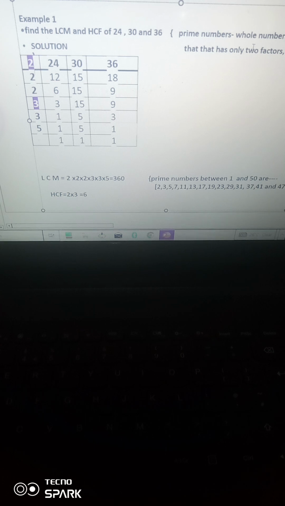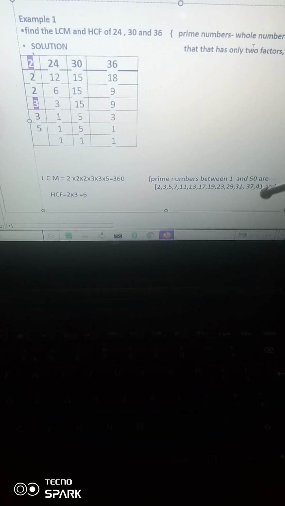Prime numbers are whole numbers greater than 1 that have only two factors, itself and 1. Prime numbers between 1 and 50 are 2, 3, 5, 7, 11, 13, 17, 19, 23, 29, 31, 37, 41, and 47.